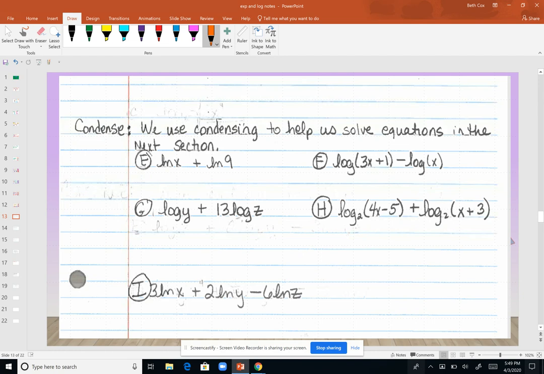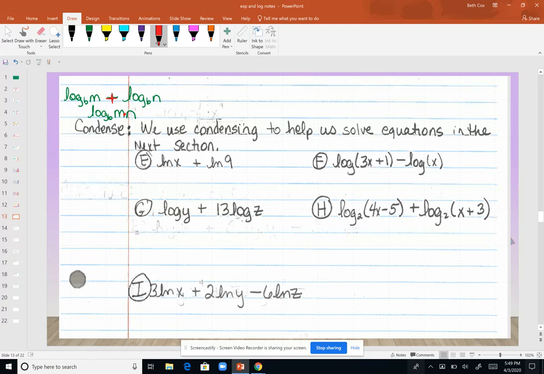I'm going to quickly review our properties. They were on the previous video, but I'm going to quickly review those. If I have log base b of m plus log base b of n, I can rewrite that as log base b of m times n. So basically, if I have a plus, I can rewrite it as a multiplication, or vice versa.